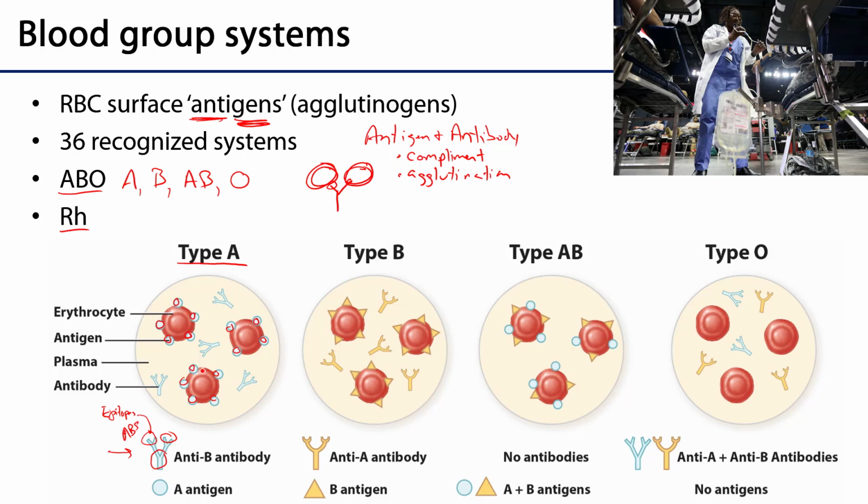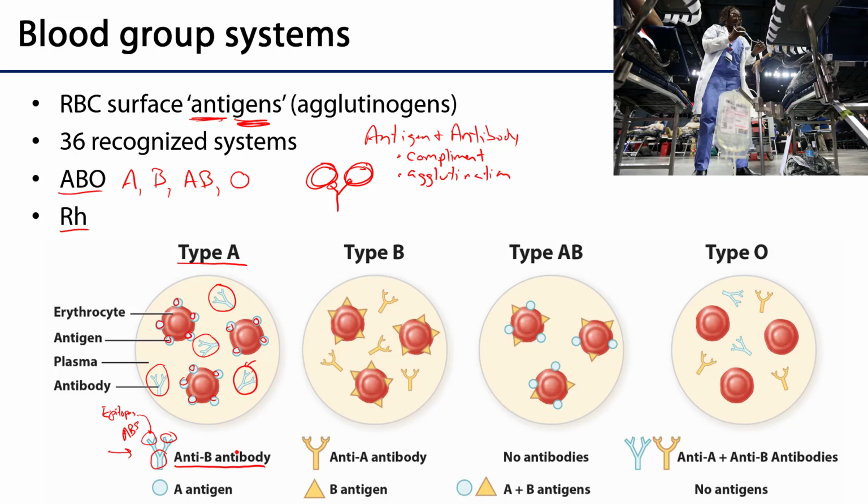And within the blood plasma, we're going to see antibodies that have antibody binding sites, or paratopes, that will bind and destroy the B antigen. So people who have type A blood, their plasma contains anti-B antibodies.